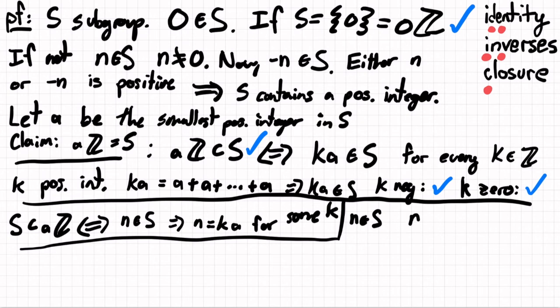I want to divide n by a with a remainder. So that'll be n equals some other number, which I'll call q, times a, plus a remainder r.